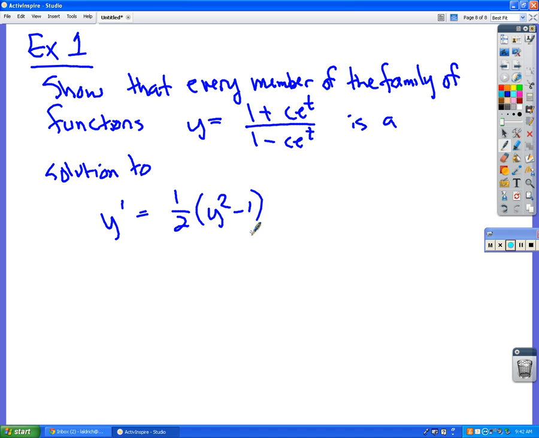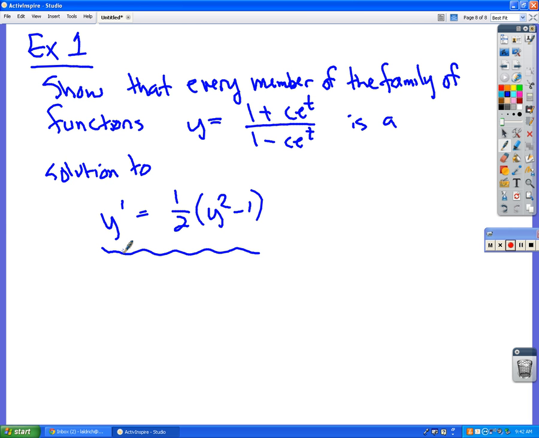Here is a differential equation because it has a function in there and also a derivative. We're going to show that this function right here is a solution to this differential equation.